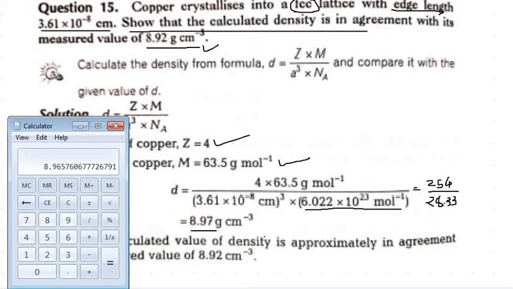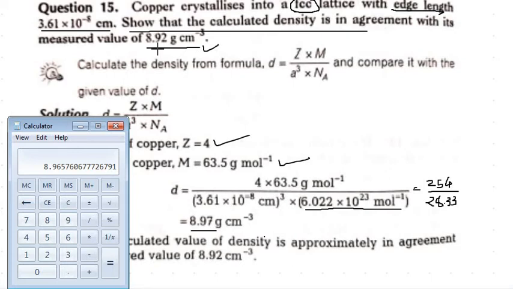The unit will be gram per centimeter cube, because the cell edge length is in centimeter, so the cube becomes centimeter cube. It is very close to the measured value 8.92. So this is how we can calculate the example.